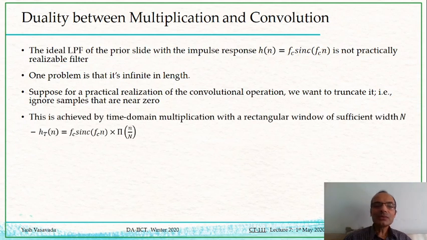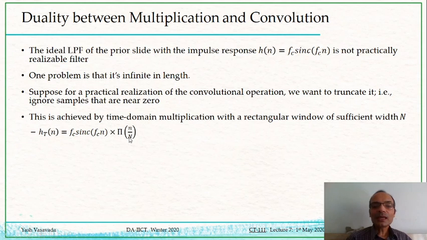Well, all we do is we multiply the ideal impulse response h of n with a window, a gate in the time domain. This is now multiplication in time domain. The width of this gate is capital N samples.